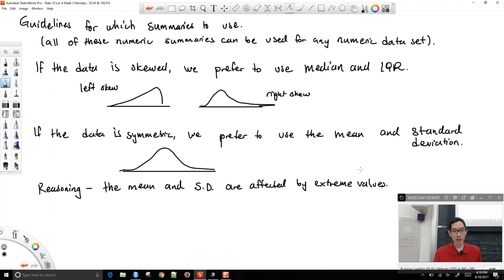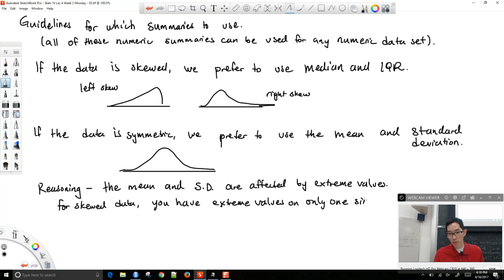And so in that case, they get affected in one direction. Okay, so for skewed data, you have extreme values on only one side. Whereas for symmetric data, you have extreme values on both sides, and so they balance each other out.